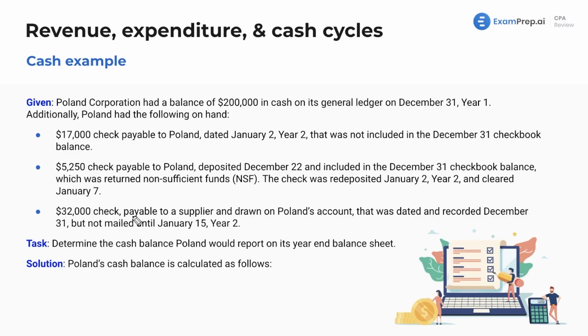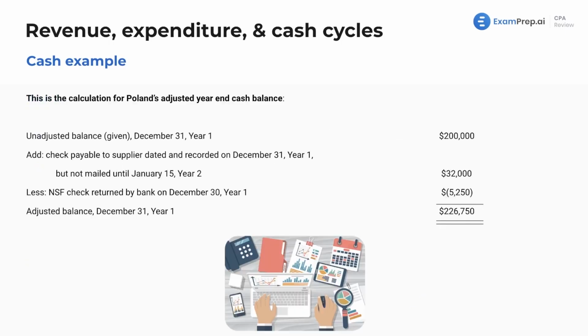So what are we going to do here? It was payable to the supplier and drawn on the account, meaning it was taken out of the account, right? But that was dated and recorded December 31, but not mailed until January 15, year two. What are we going to do there? Well, we are actually going to add that back, because this check, it says it was drawn, meaning we recorded it down, meaning we subtracted out 32 on our books because we're expecting that money to leave our account.